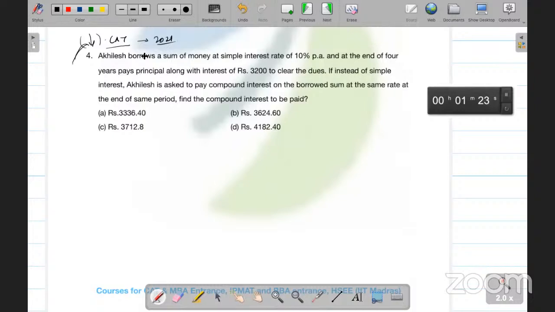Exactly this question was not there, but a similar question was there, surely. And again, we will solve this question first by the basic method, and then I'll show you how to approach such questions in an examination.